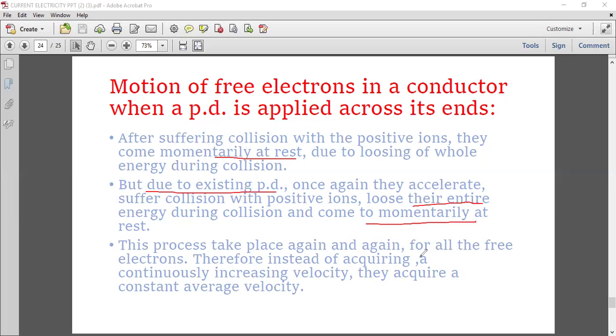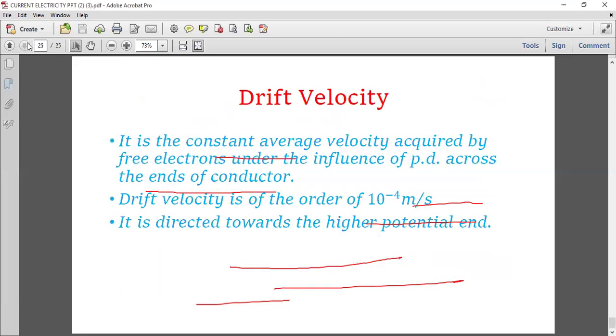This process takes place again and again and for all the free electrons. सभी इलेक्ट्रॉन्स के लिए होगा और बार बार होगा. It's clear? ये ऐसा नहीं कि कुछ के लिए. Therefore, instead of acquiring a continuously increasing velocity, they acquire a constant average velocity, which is called the drift velocity.